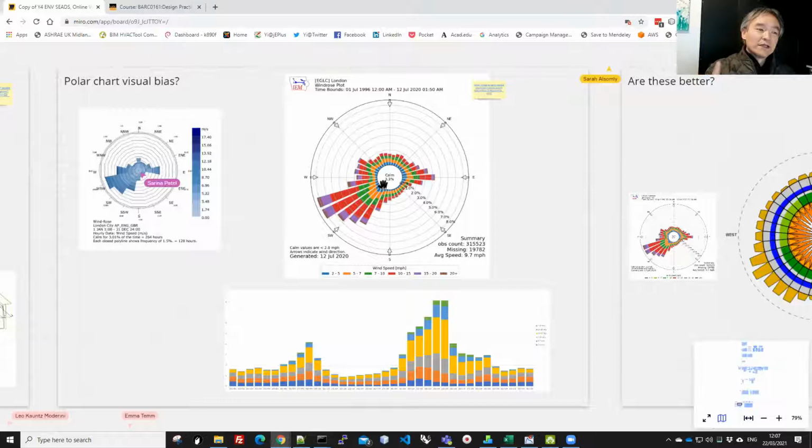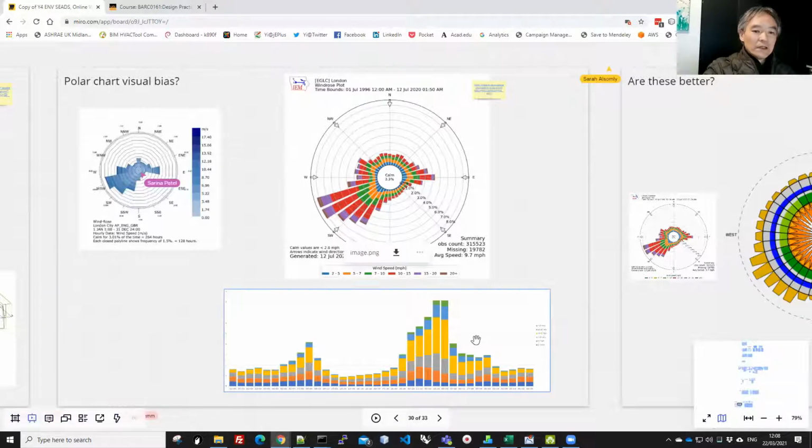But the information it should be delivering is the length. So the only thing that matters should be the length of the bar, not the area. But because it's getting bigger and bigger, the longer the bar is, the more area it occupies. And the visual impression you get is the area, not the length, and that causes a big bias.